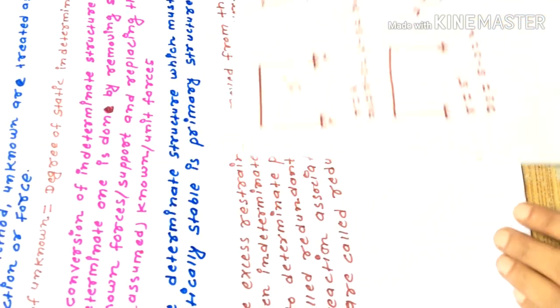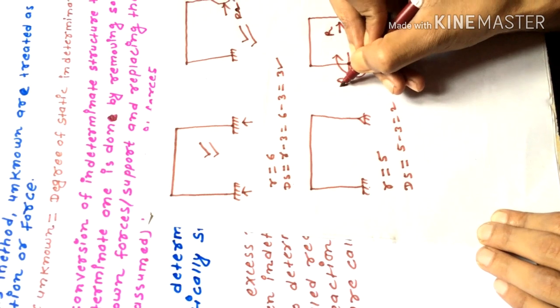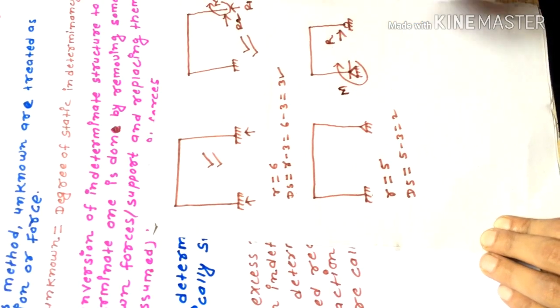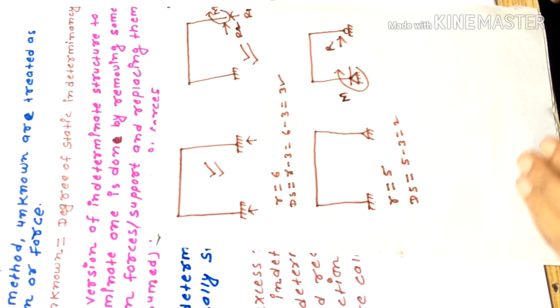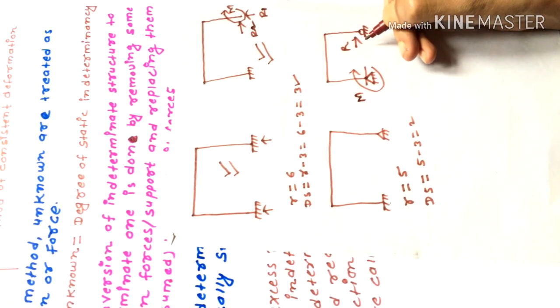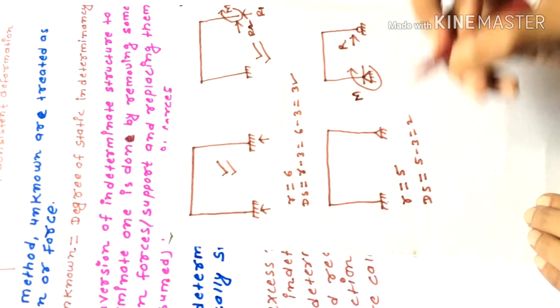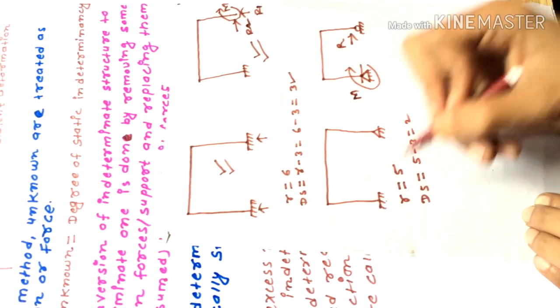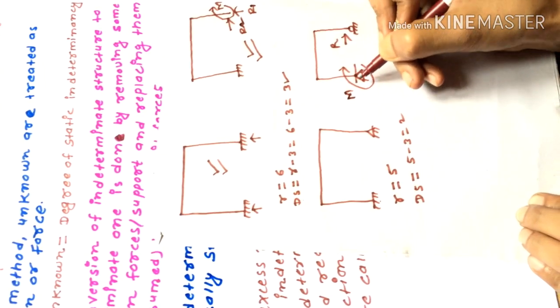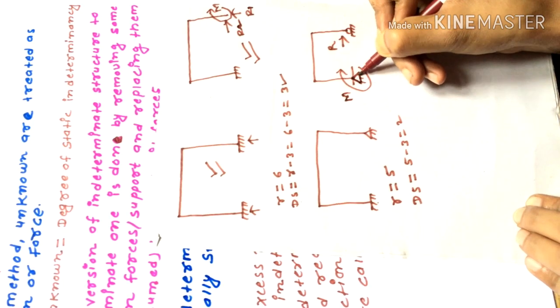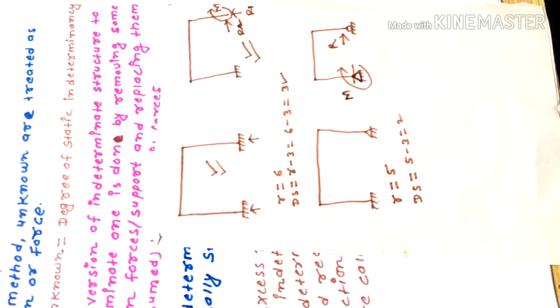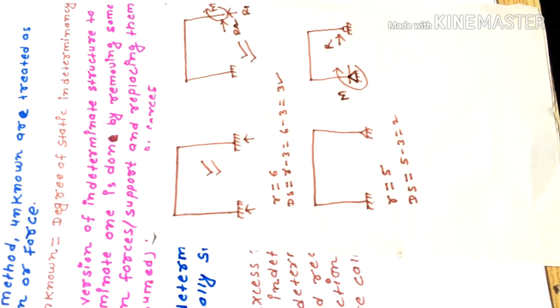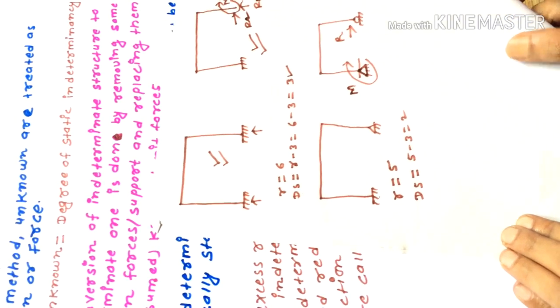This is known as a redundant. M is known as a redundant, R is known as a redundant, because we use these redundants to convert this structure into a determinate one, thereby removing restrictions. At the fixed support, we remove the restriction of moment and change it into a hinge support. We can change it in this way and do the calculation using the force method.